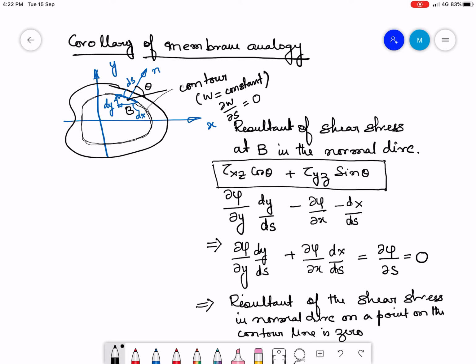Okay, right. So, this is an important conclusion. We will get to know why this is useful a bit later, more clearly.